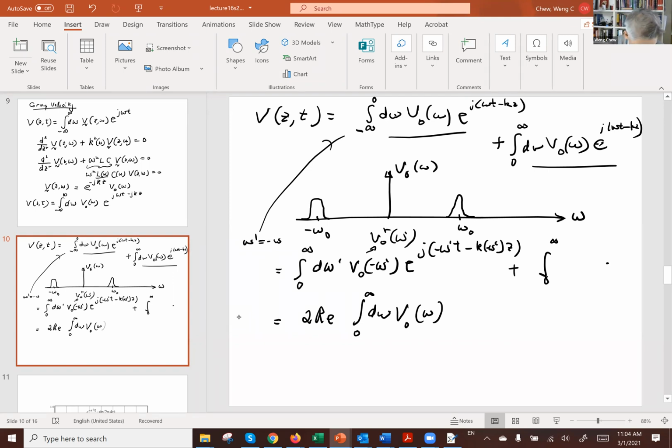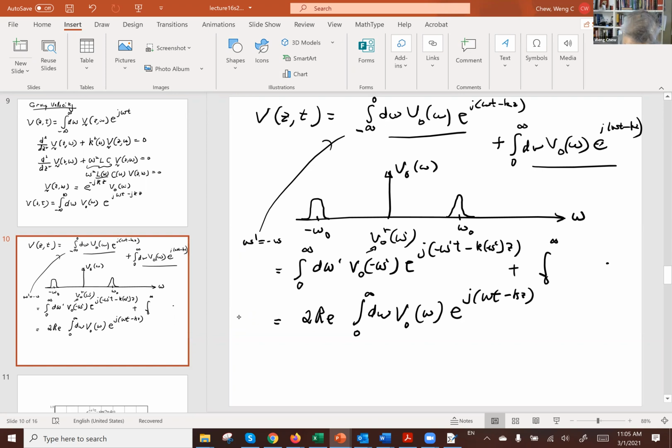So finally, you will have something that looks like this, e to the j omega t minus kz. You can just integrate over the positive frequency part. And because the sum of the two components has to be real, you just need to integrate one of them and arrive at this equation.